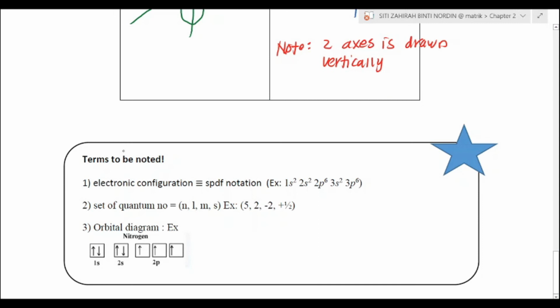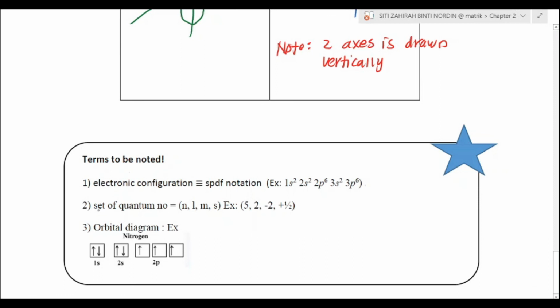For 2.2, there are three terms that you need to take note of. The first one, electronic configuration, is just the same as SPDF notation. This is how you draw your electronic configuration or SPDF notation, according to all the rules in 2.3 that you will learn later on.